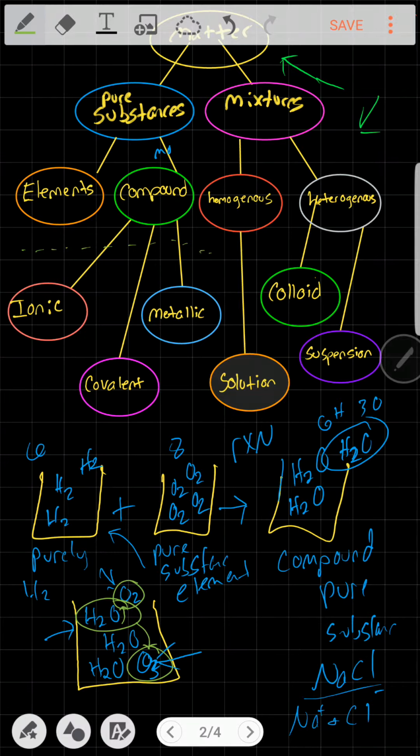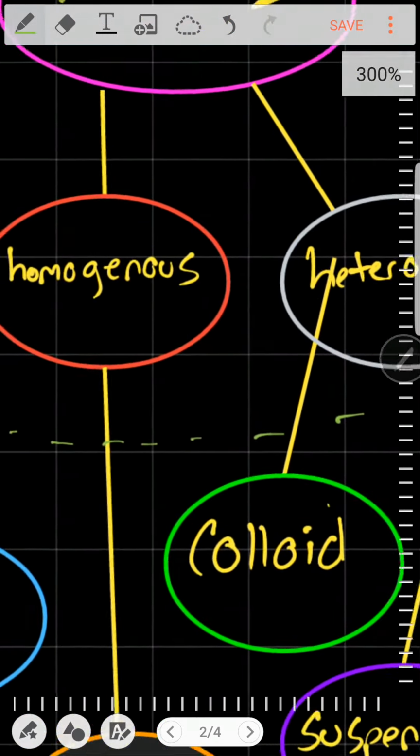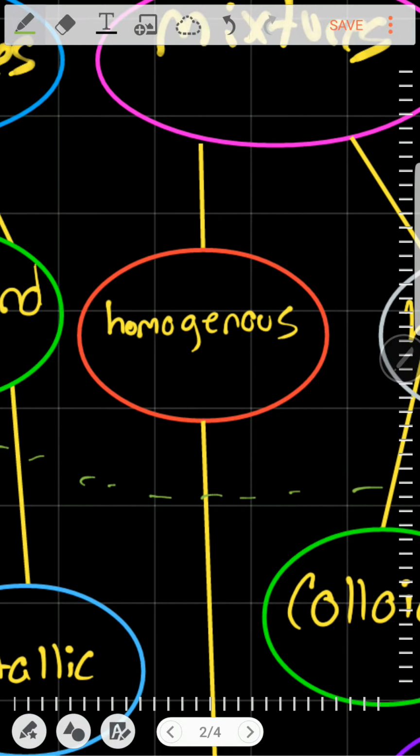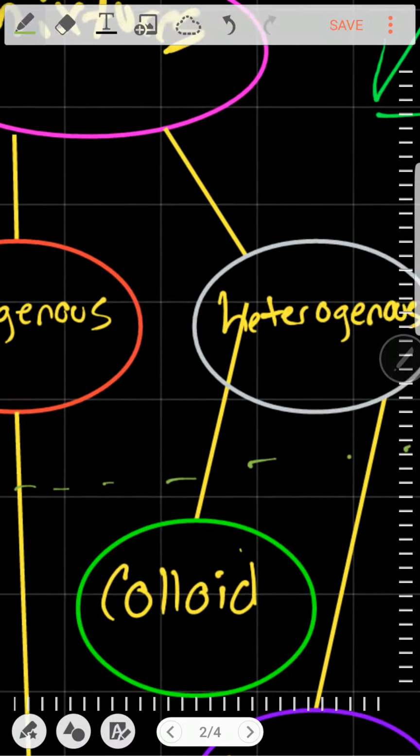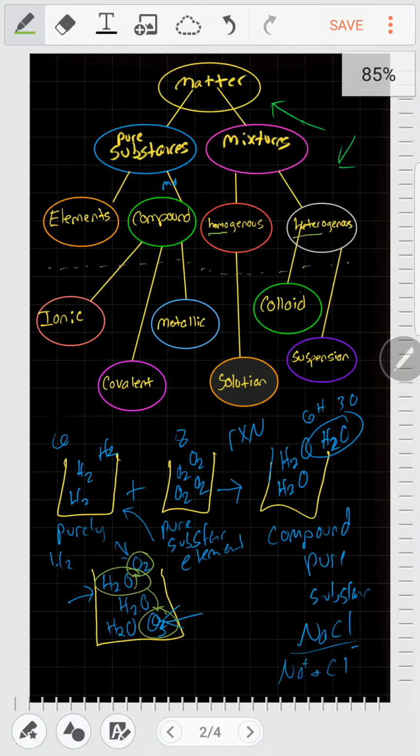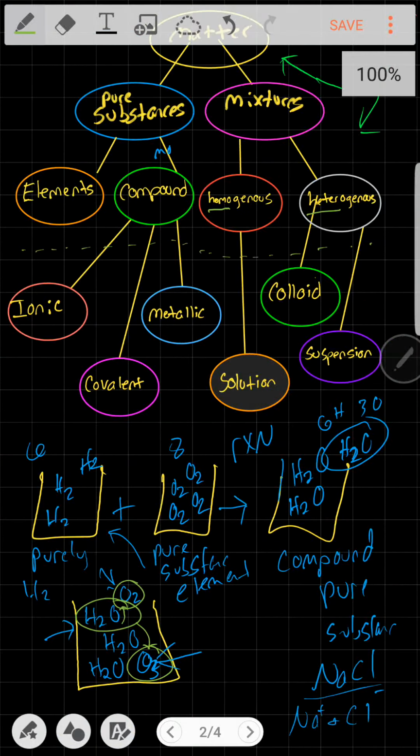But now we need to get into these two new phrases. Homogeneous, as you can see right here, and heterogeneous. Two new phrases. And so what do they mean? And what determines whether something's a homogeneous mixture or a heterogeneous mixture?